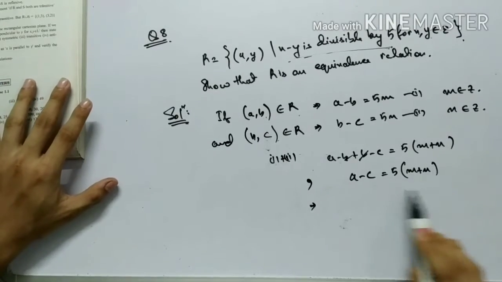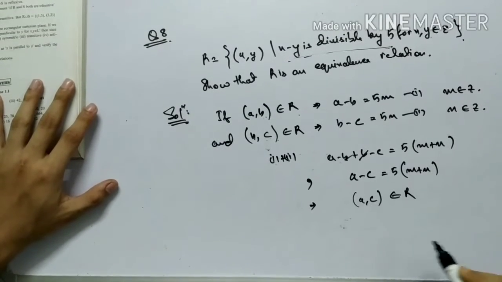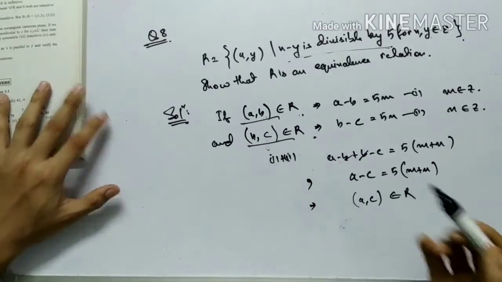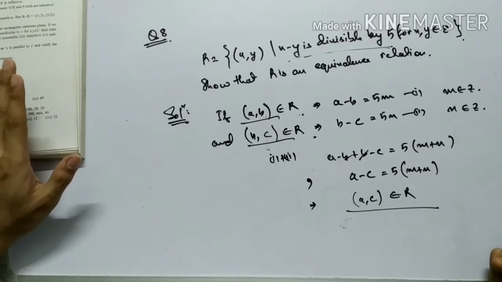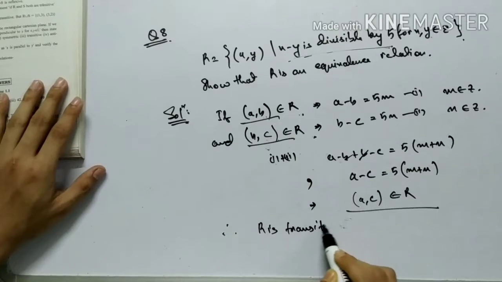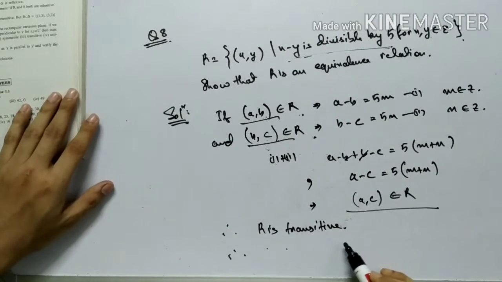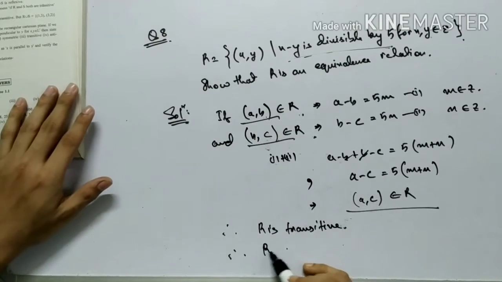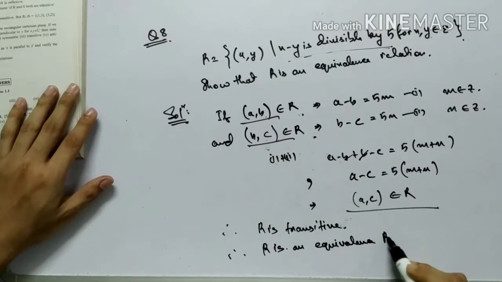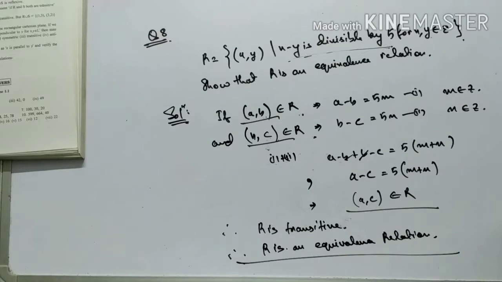So that means (A, C) belongs to R. I said (A, B) belongs to R, (B, C) belongs to R, and I showed that (A, C) also belongs to R. Therefore R is transitive. Therefore R is an equivalence relation.